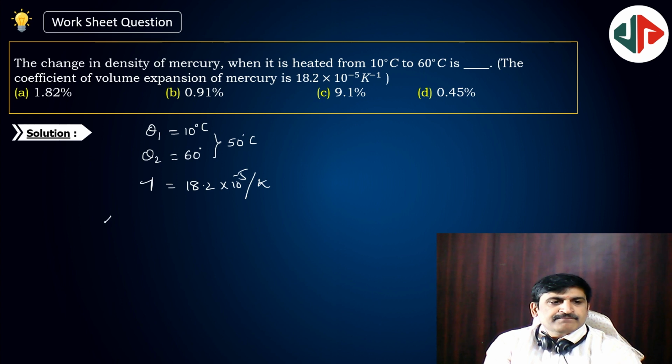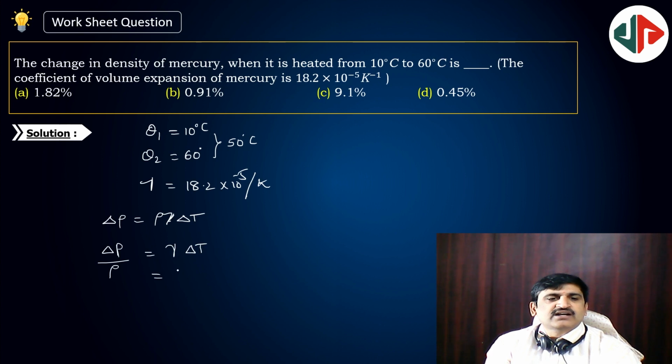delta rho is equal to rho into gamma delta t. Here he is asking the percentage change, so delta rho by rho is equal to gamma delta t, which is 18.2 into 10 to the power of minus 5 into 50.